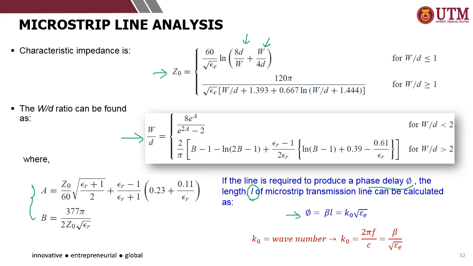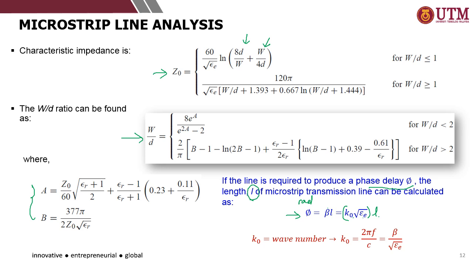Okay, the phi in radian equals beta L. So beta is k0, the wave number, multiplied by the square root of epsilon E, multiplied by L, the length of the structure.